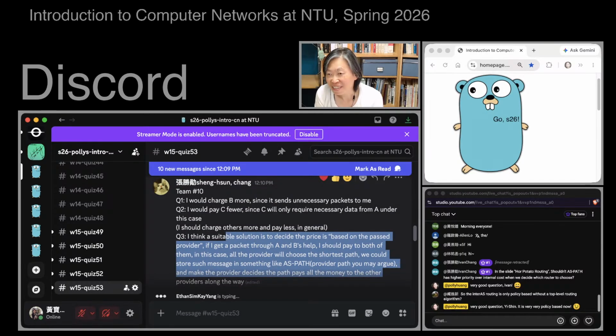In previous semesters, I've seen people saying, hey, let's use game theory. But game theory can get complicated if you only have local information, isn't it? And it'll be a selfish game all the way until everyone loses.